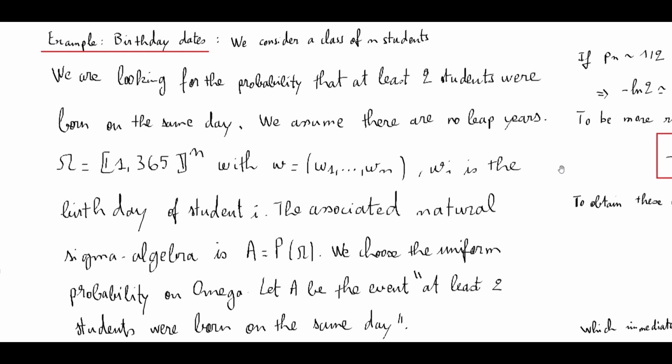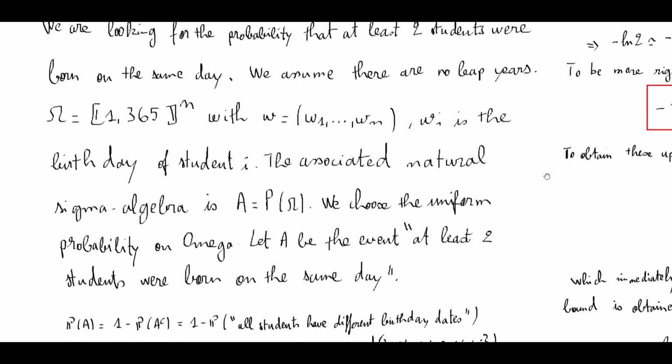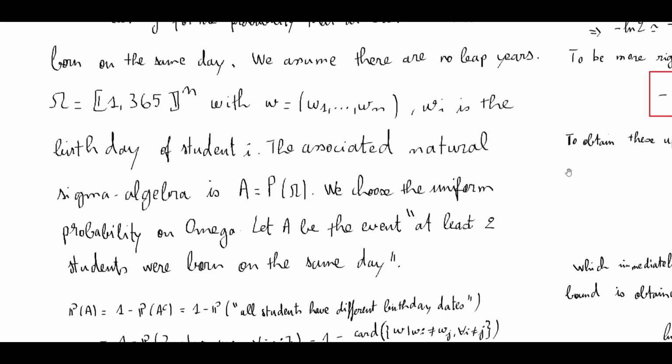The associated natural sigma algebra is the parts of Ω. We choose the uniform probability on Ω. Let A be the event at least two students were born on the same day.